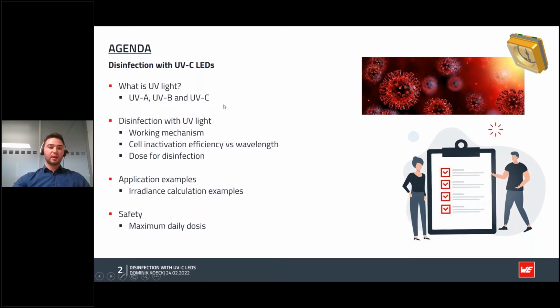I will give you some background about disinfection, how you can do disinfection with UV light, the working mechanisms behind it, and also some dependencies on the wavelength. And in the end, I will give you some application examples to see how long disinfection actually takes when you try to disinfect with UVC LEDs.